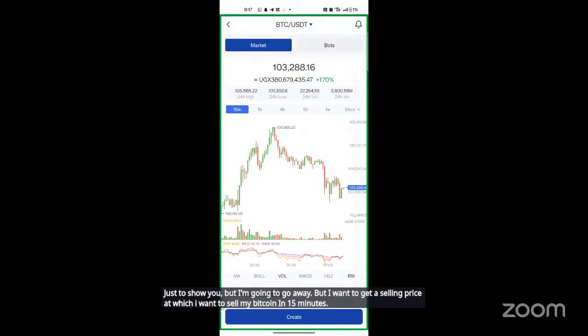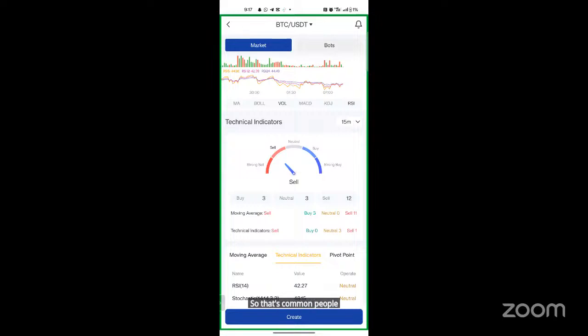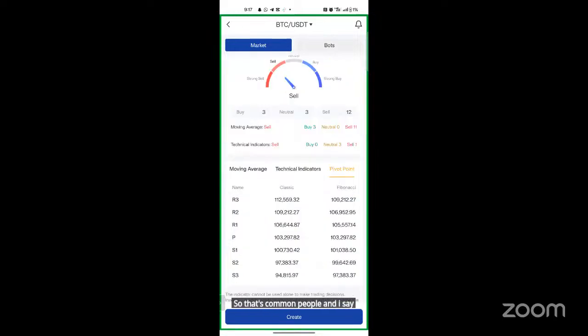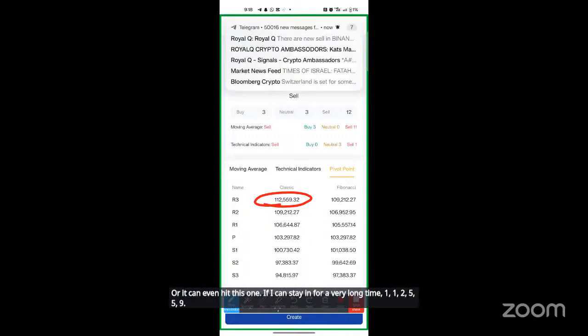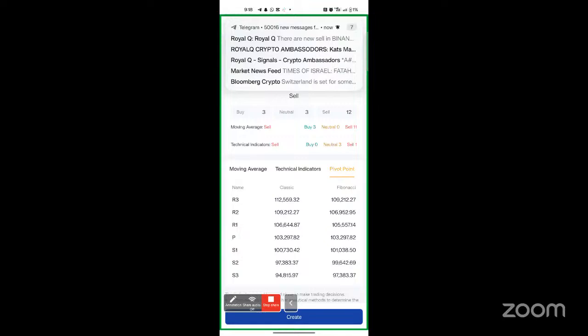So I'll just come on pivot point and I say, when Bitcoin hits this resistance here, or it can even hit this one, if I can stay in for a very long time, 112559. Create martingale strategy bot.